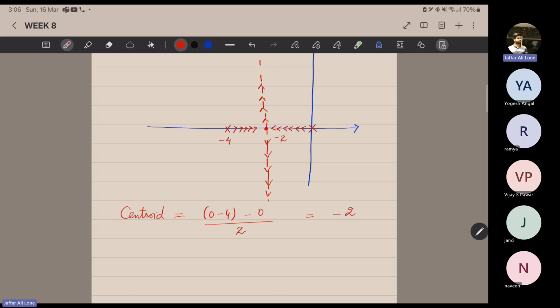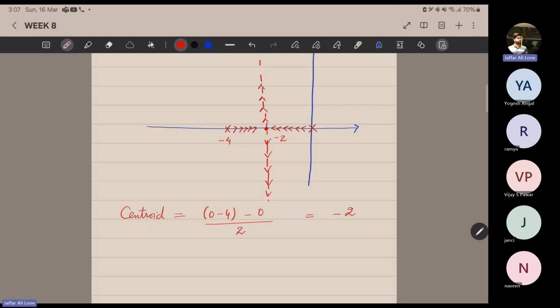Can anybody tell me how we calculate the breakaway point? We actually take the characteristic equation, then differentiate that characteristic equation with respect to s, put that equal to 0, and get the value of s, which is the breakaway point.